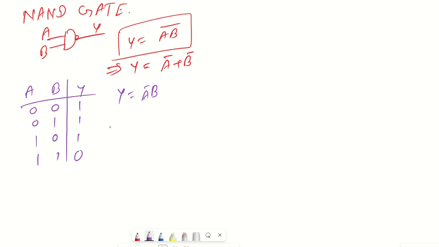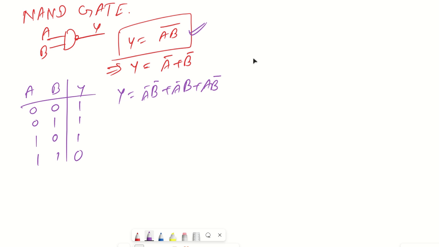The other expression was the max term expression, which is A bar plus B bar. By De Morgan's theorem you can convert one into the other. So this is the most popular expression for NAND gate.